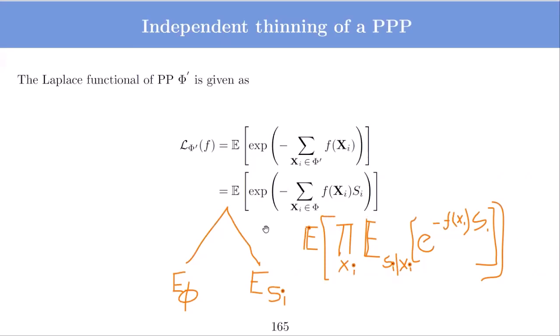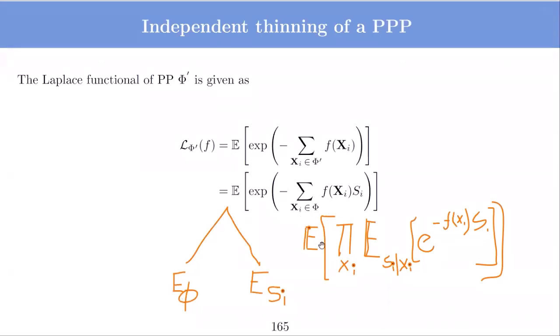Now to further solve it, we notice that this expectation is first in terms of phi, because phi has all the randomness of X_i's, and then it also has expectation with respect to S_i's, and this S_i only depends on X_i. So what I can do is break this expectation into two parts.